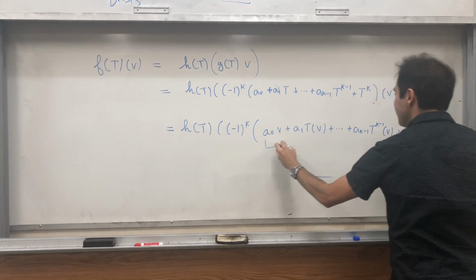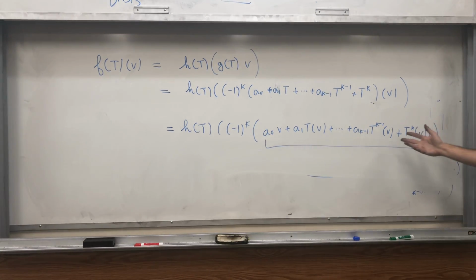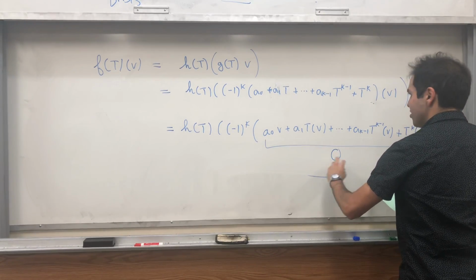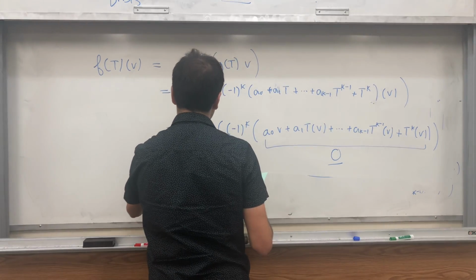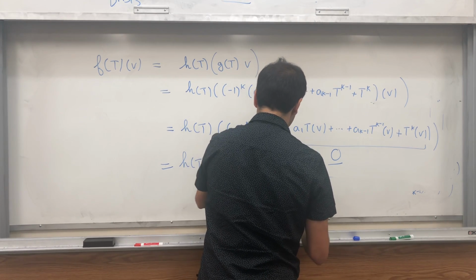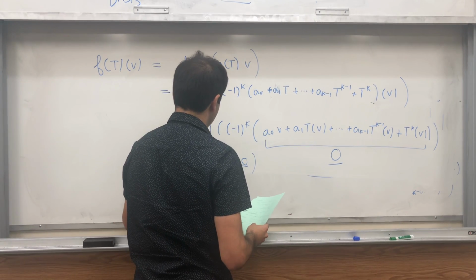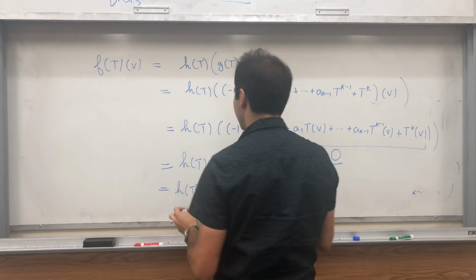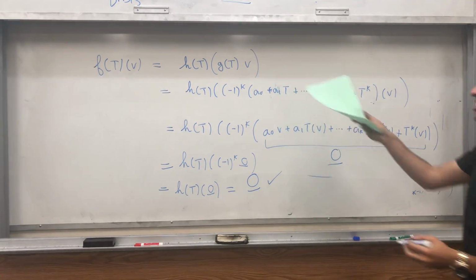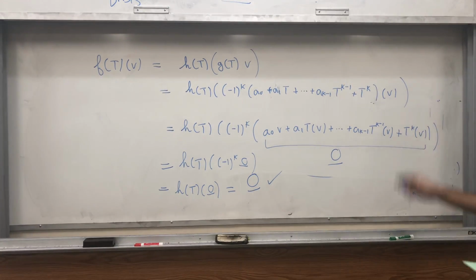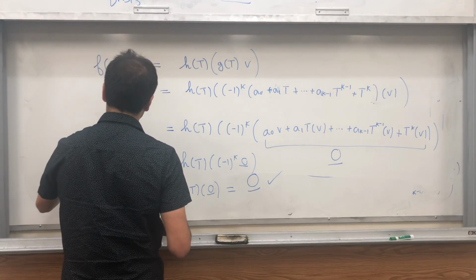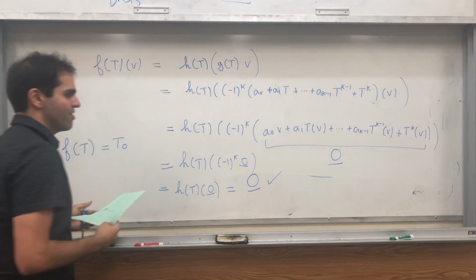But what do we know? This expression is precisely 0 by the definition of a0 up to a_{k-1}. So this is the zero vector. So we get h(T) times some constant of the zero vector, but that's h(T) of 0. And any linear transformation applied to 0 is just 0. So indeed, f(T) of v is 0, and that's why f(T) is the zero linear transformation.